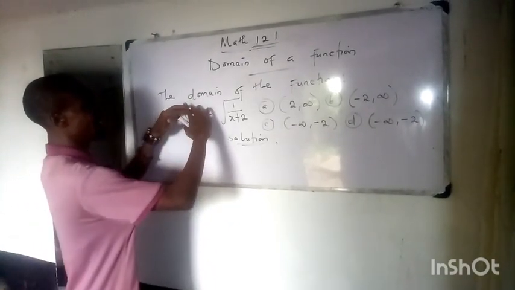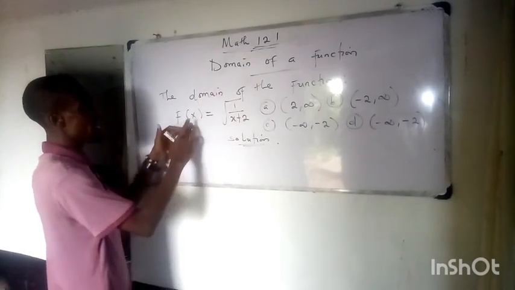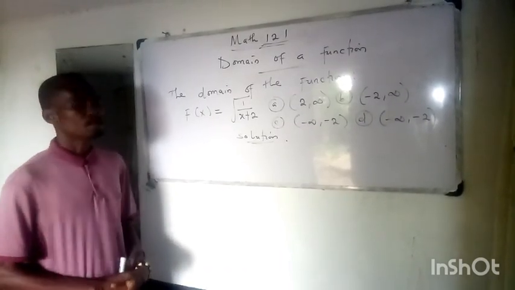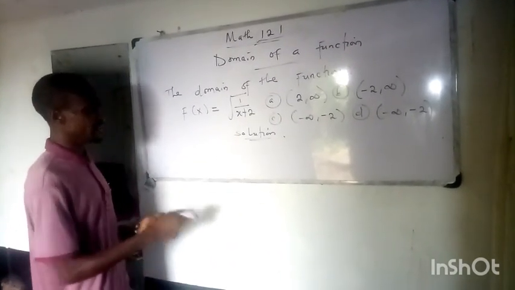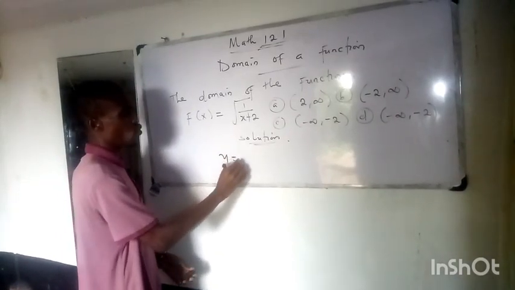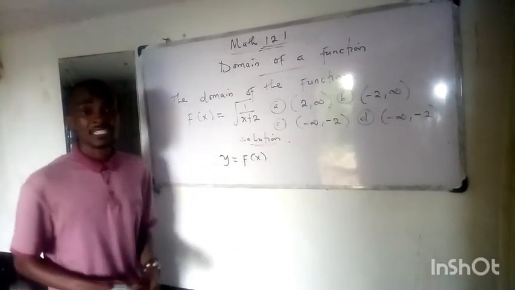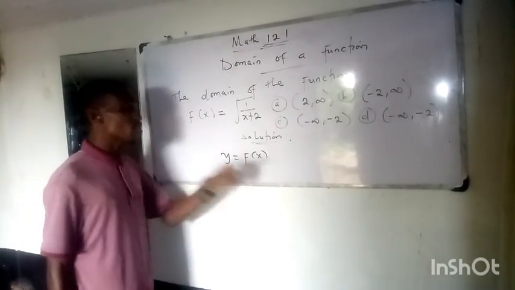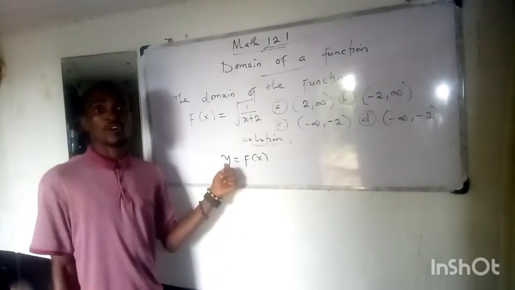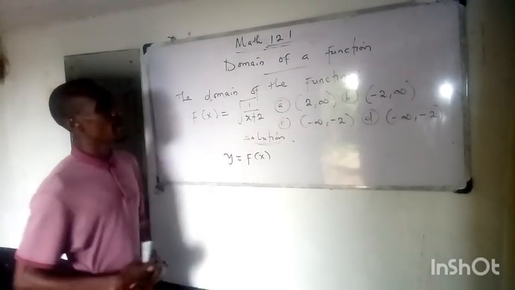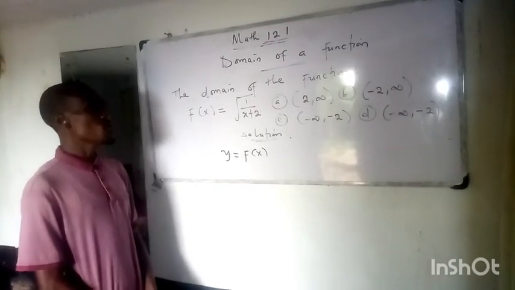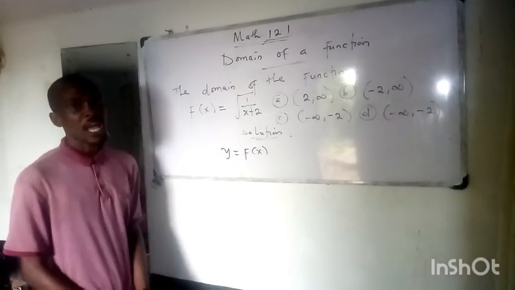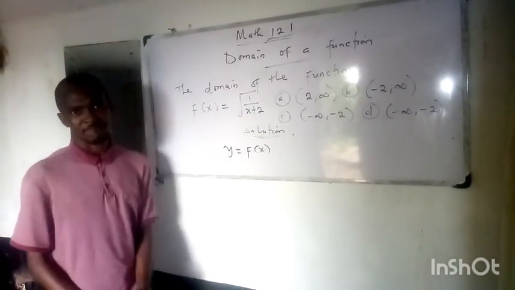Now, I said earlier during the concept of function that if we have a function y equals f(x), the nature of the values of x is what determines the nature of the values of y. So looking at this particular function, you see that this is a rational function having a numerator and denominator.